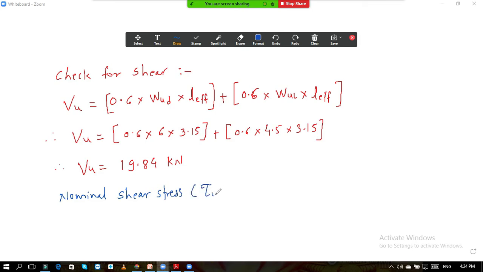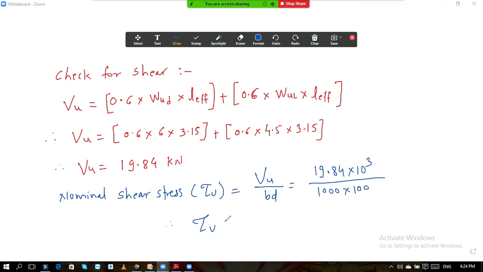Tau v is the notation, which is equal to Vu upon bd. This is also given in IS code. I have already told you where it is given. So 19.84 into 10 to the power 3 divided by bd. b is 1000 and d is 100.